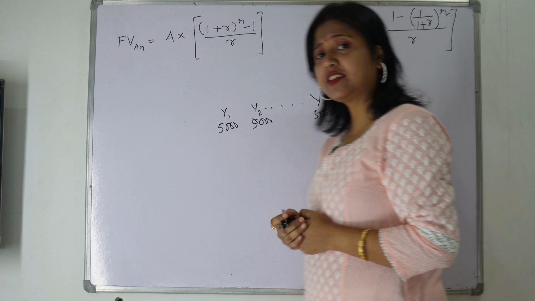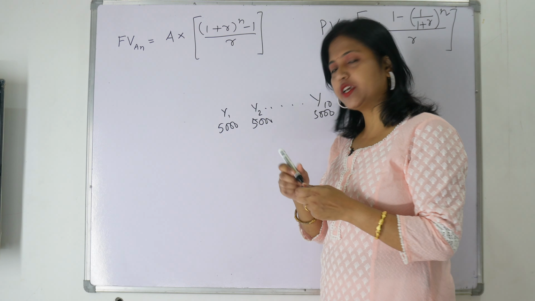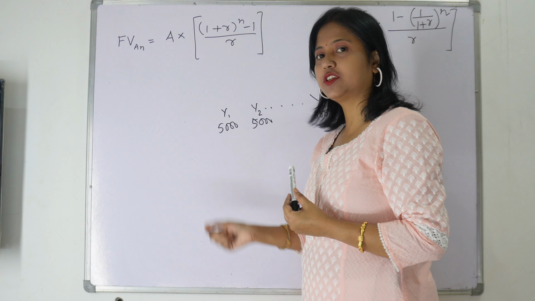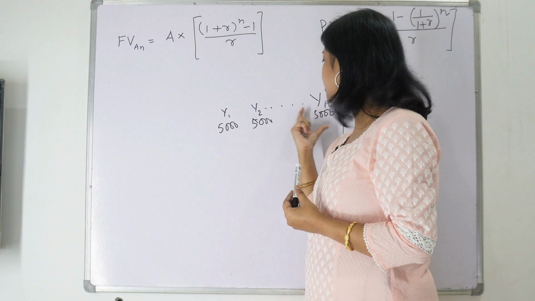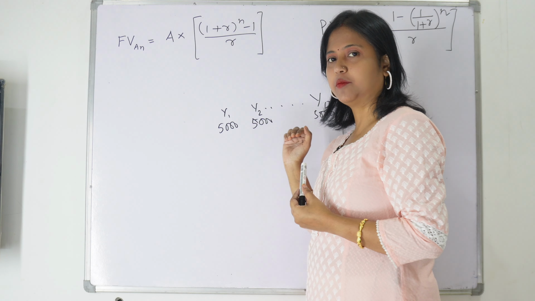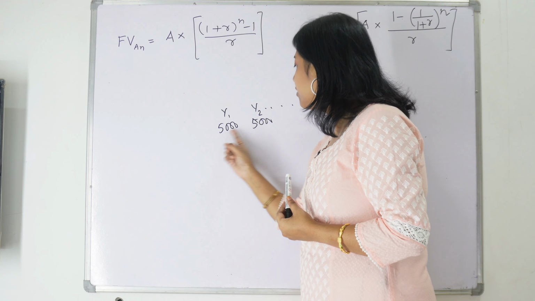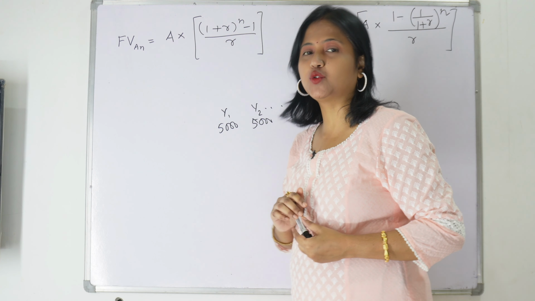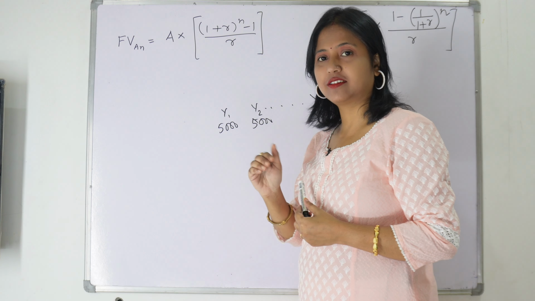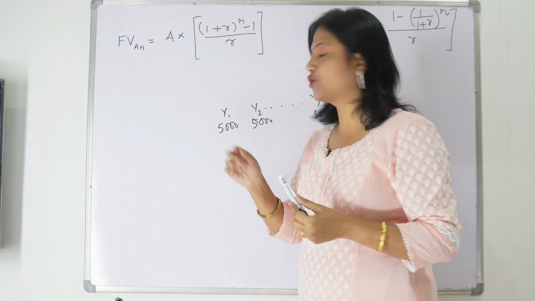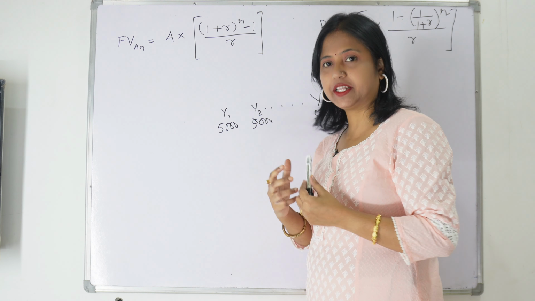Now you will ask, why not do it as we have done in our last video: find out the future value of each deposit and sum them all. Yes, you can do this, but it will be a very tedious job. When you have an equal sum of money, you need not do this, but when you have mixed amounts, somewhere 2,000, somewhere 2,500, that time you can do it individually and then sum them all.